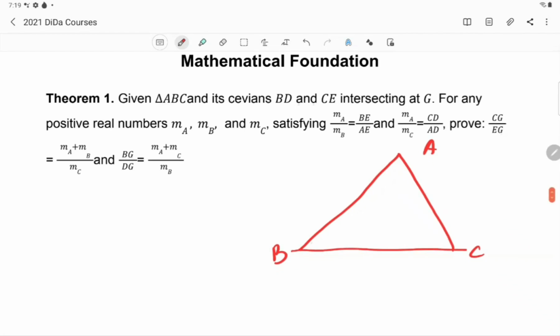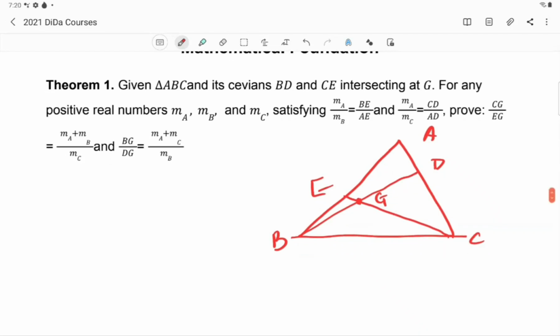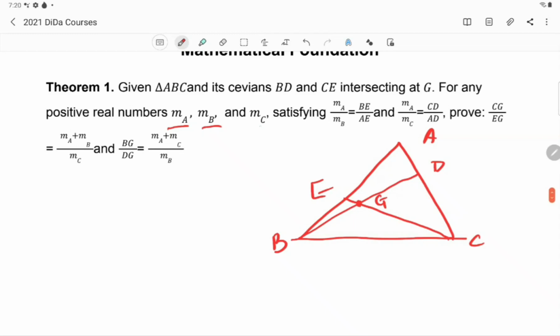There are two cevians, BD and CE, intersecting at G. I picked G for gravity. And then the theorem says for any positive real numbers MA, MB, MC satisfying this ratio, MA over MB is equal to BE over AE.